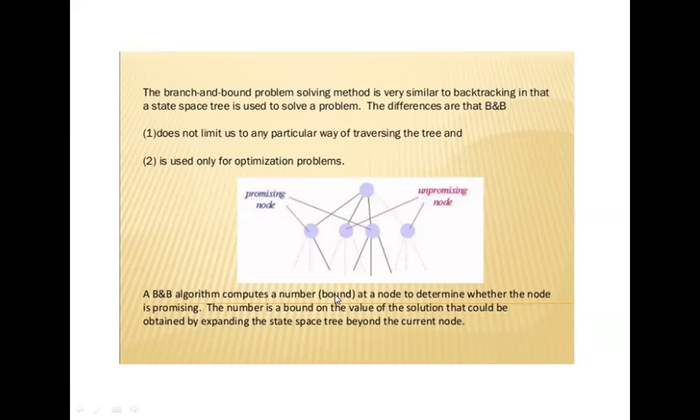It computes the bound function, which gives a better solution than the previous one. If the number is a bound on the value of the solution that could not be obtained by expanding the state space tree beyond the current node, then we call it an unpromising node.